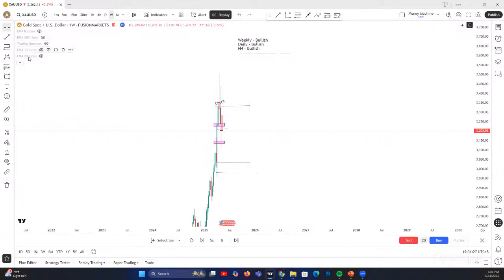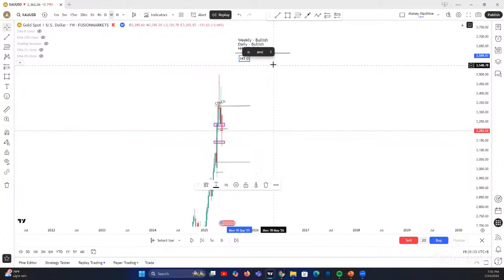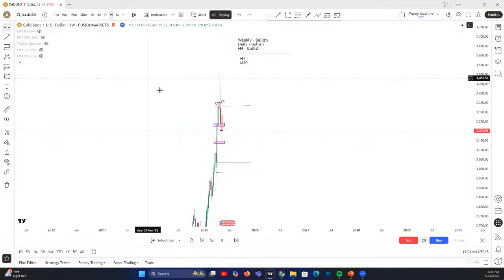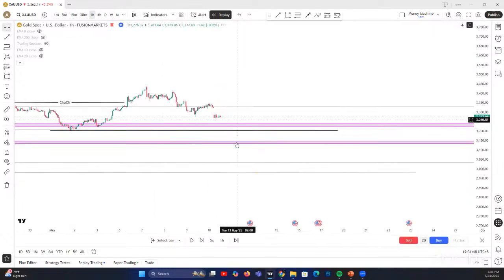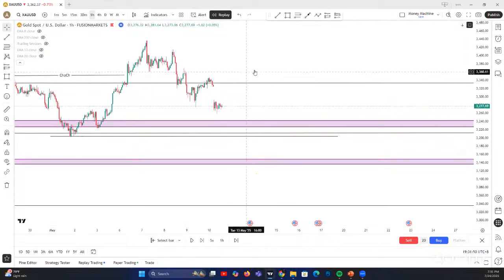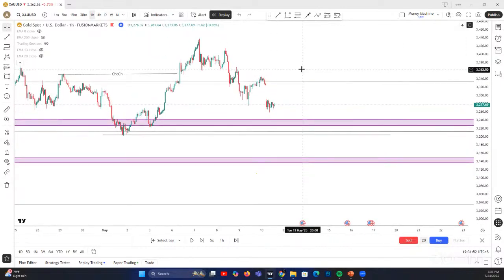Now for your lower time frame, what's left? H1 and M30. Okay, let's see H1 now. Is it bearish or bullish?